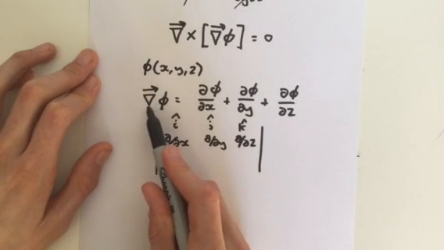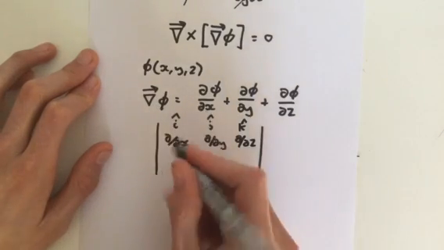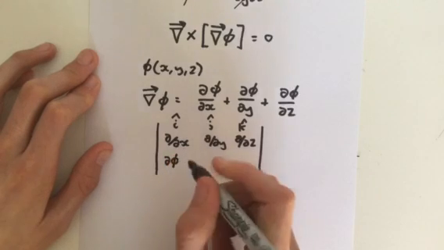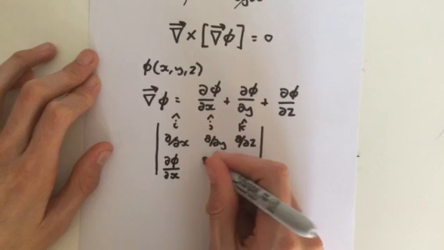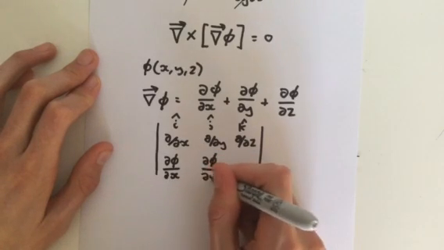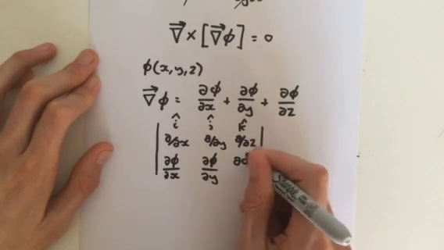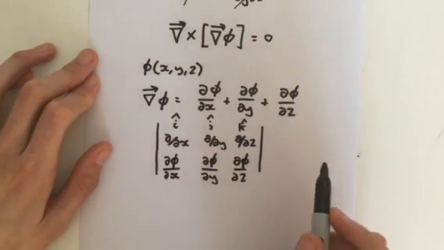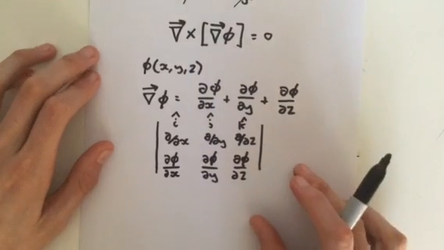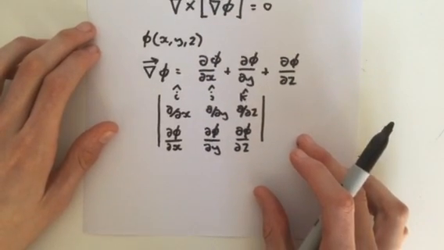The components of our gradient field are simply the partial of phi with respect to x, the partial of phi with respect to y, and the partial of phi with respect to z, just from that term here. Now we can compute the curl of our gradient.